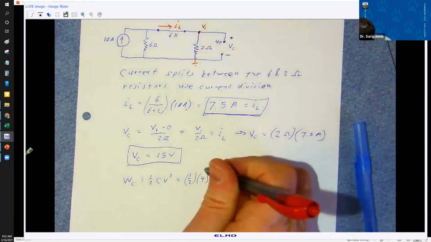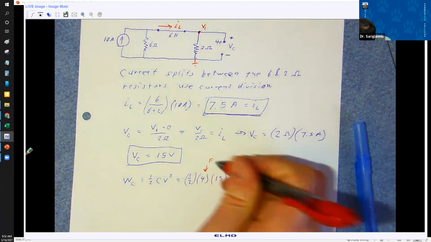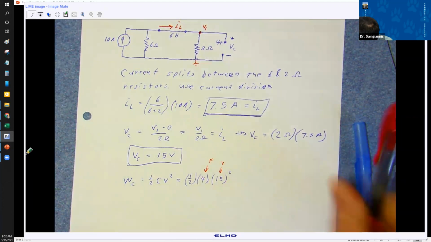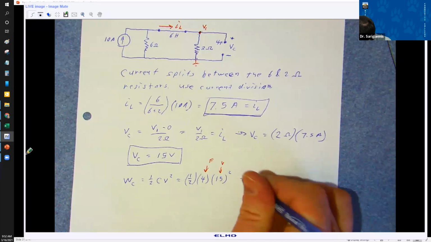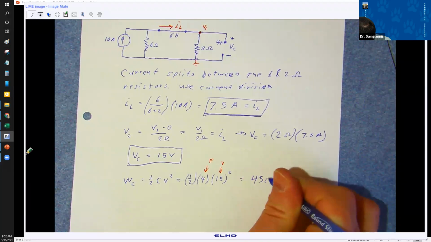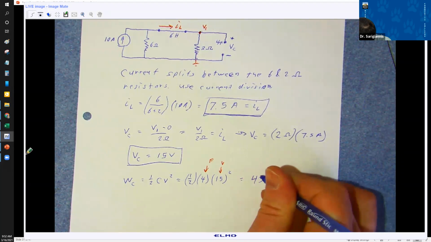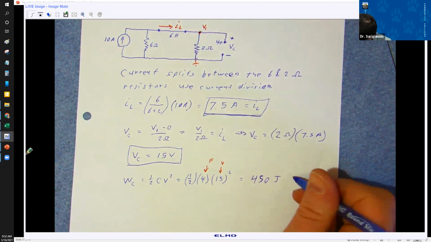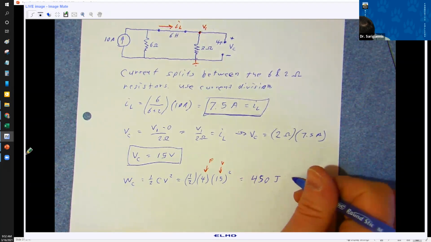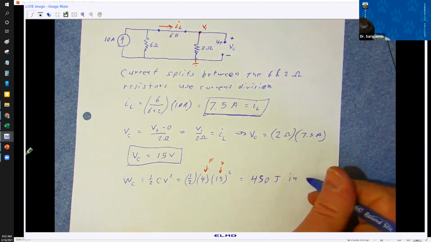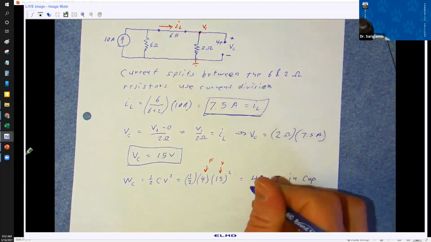So let's put farads and volts. And this equals 450 joules. This is the energy stored by the capacitor.